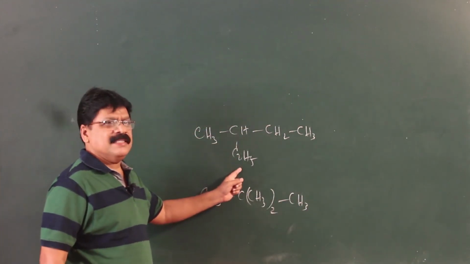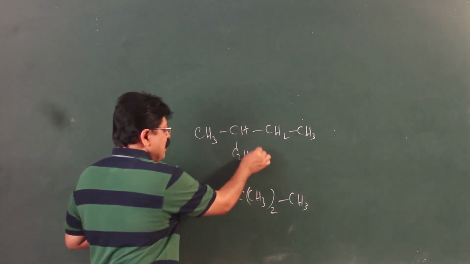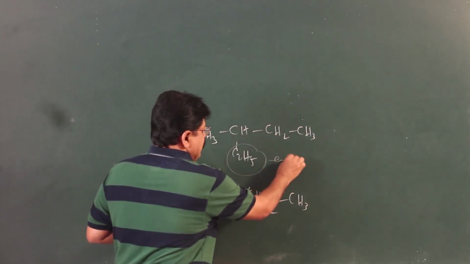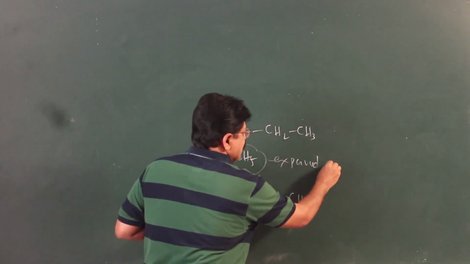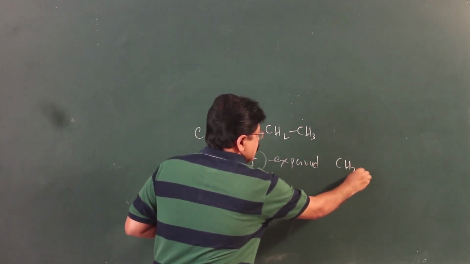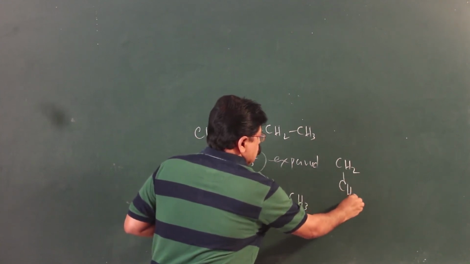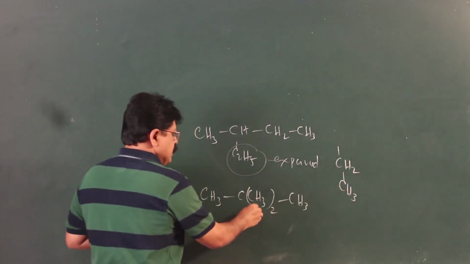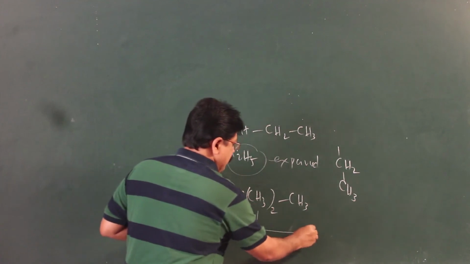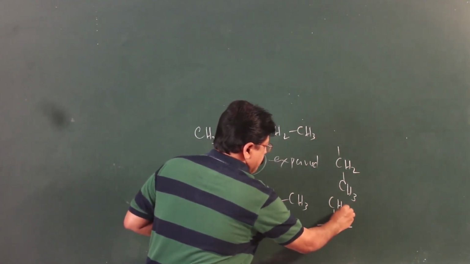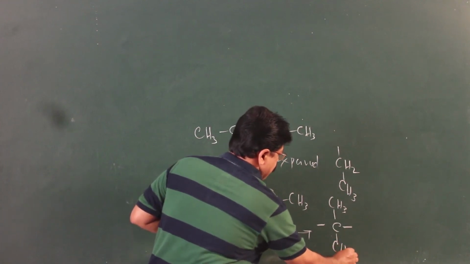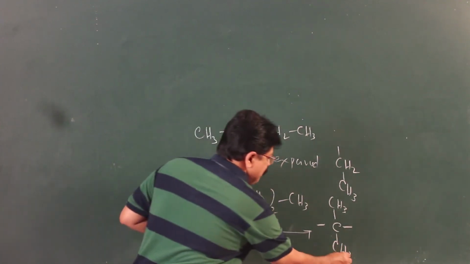Whenever it is given like this, always remember to expand it. What I meant by expanding is, think of this as CH2, CH3. This also you expand, and this will be like this. Then the naming will be easy.